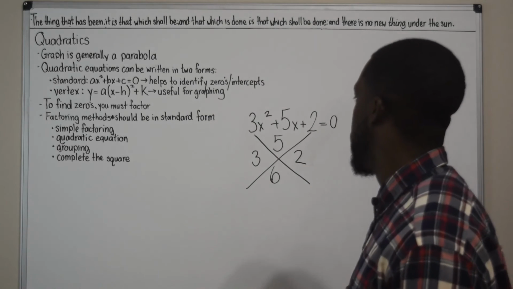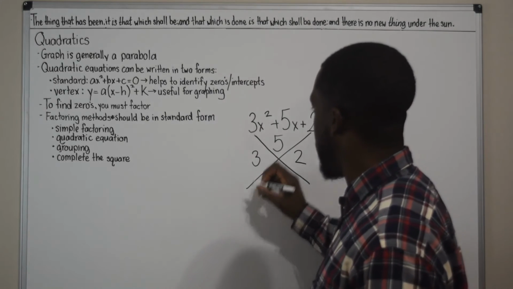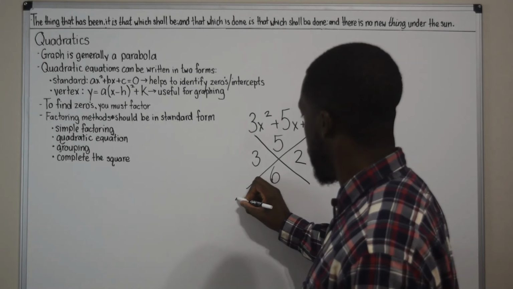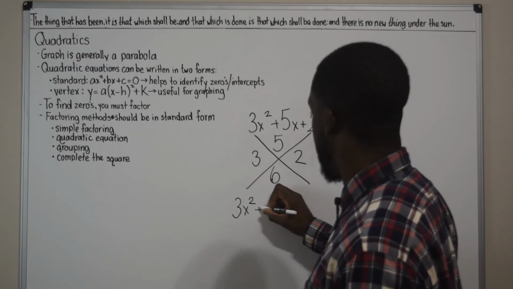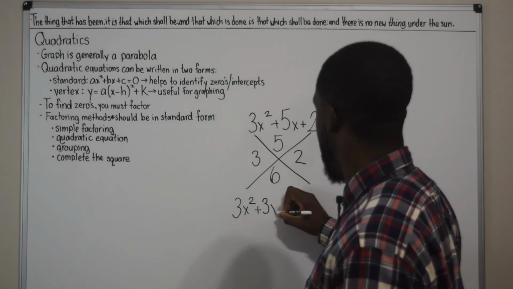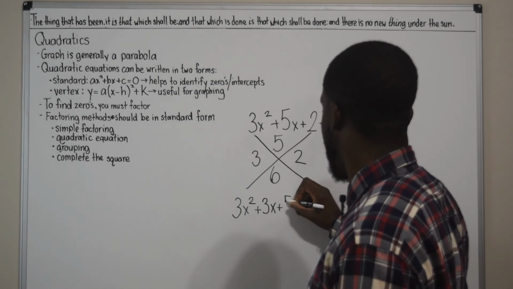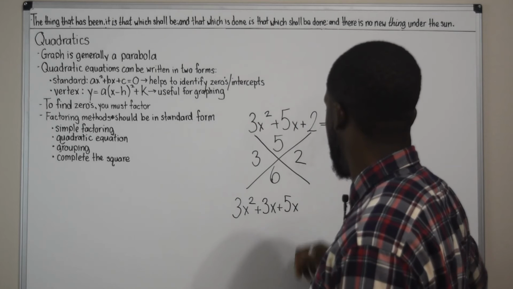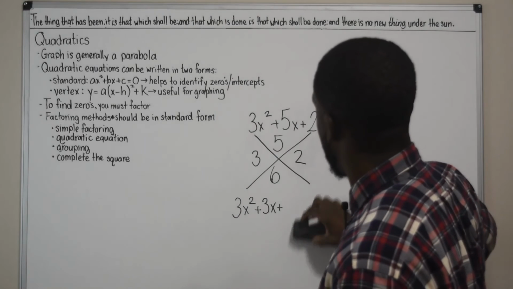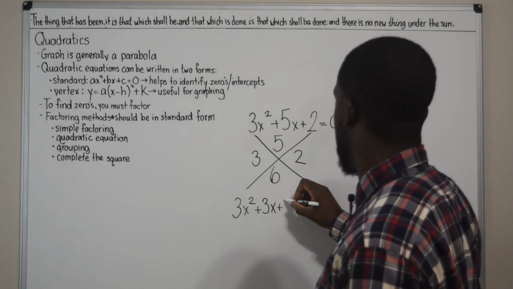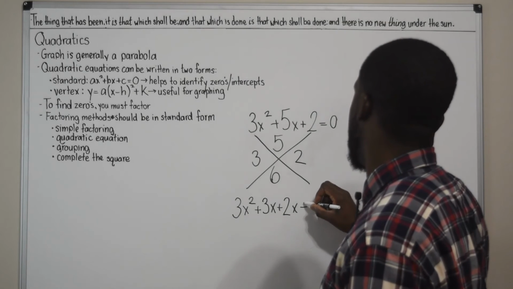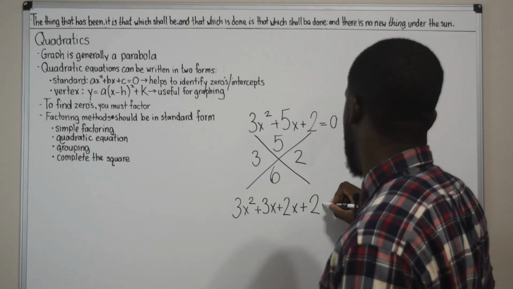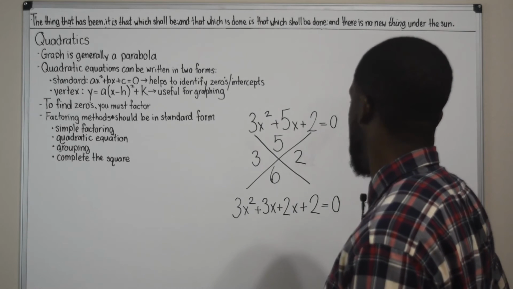Okay, so now right here, I'm gonna rewrite this. I'm gonna say 3x squared plus 3x plus 5x... plus 2x plus 2 equals 0.